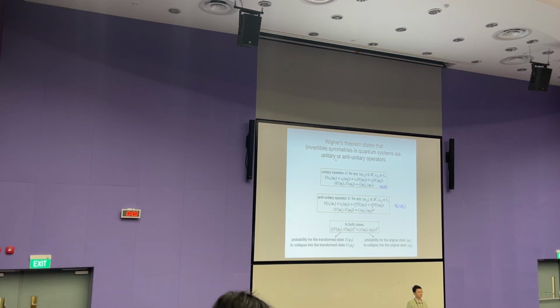Any questions about the statement here? The meaning of the statement? Okay, let me make a remark. It's important to know that here we are talking about invertible symmetries. Nowadays, starting from about 2018 or 2019, there's a new research area called non-invertible symmetries.